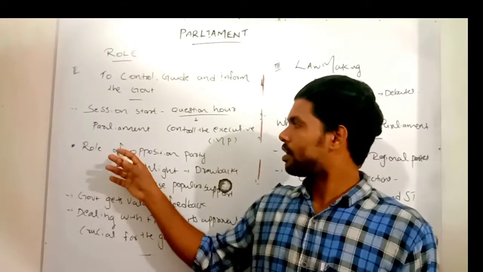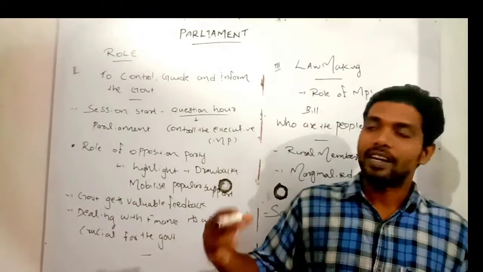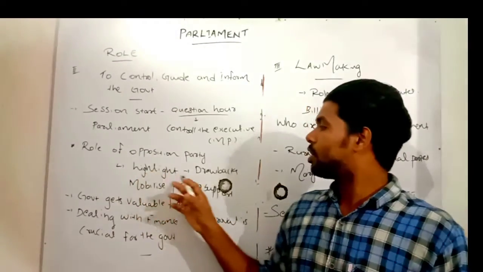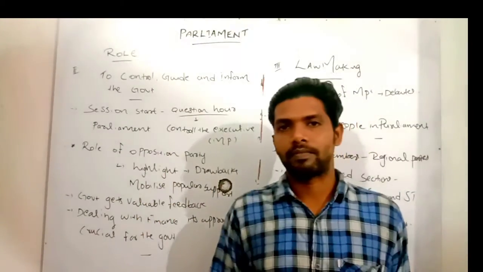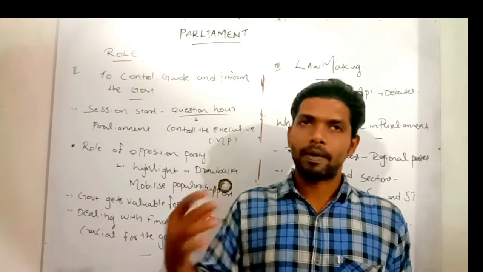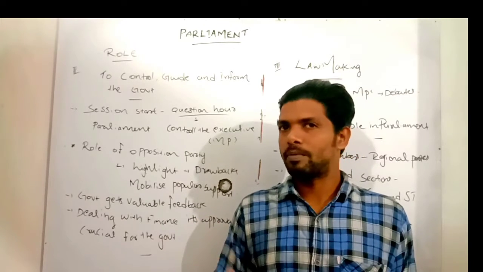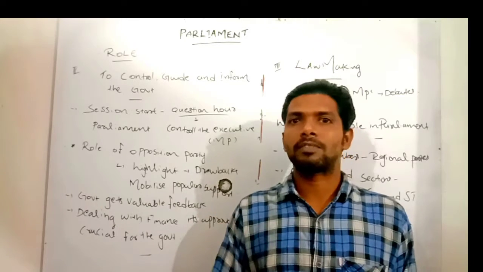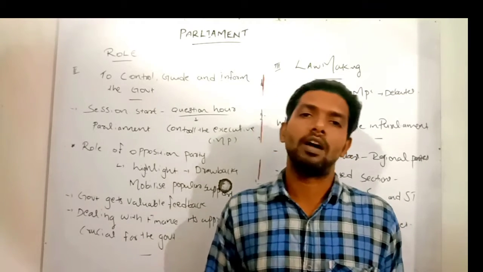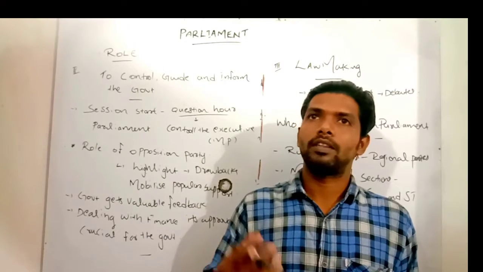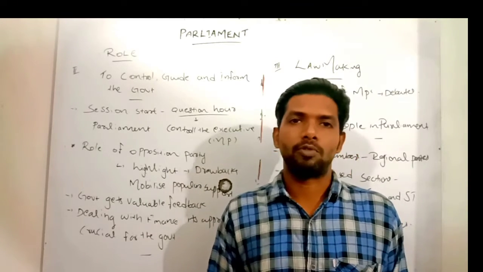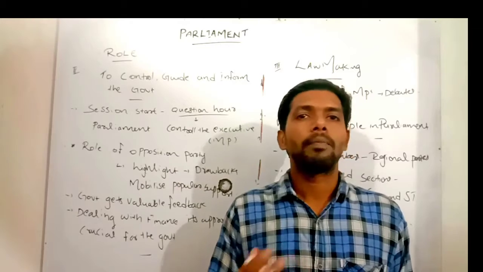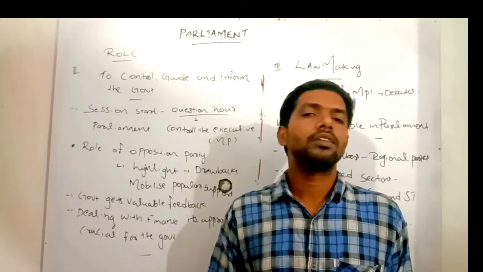Most of the time, an opposition party tries to highlight the drawbacks of the ruling party. Opposition parties find out the mistakes, drawbacks and some negative aspects of the policies of the existing ruling government. After that, they mobilize public support and accumulate public opinion in India.